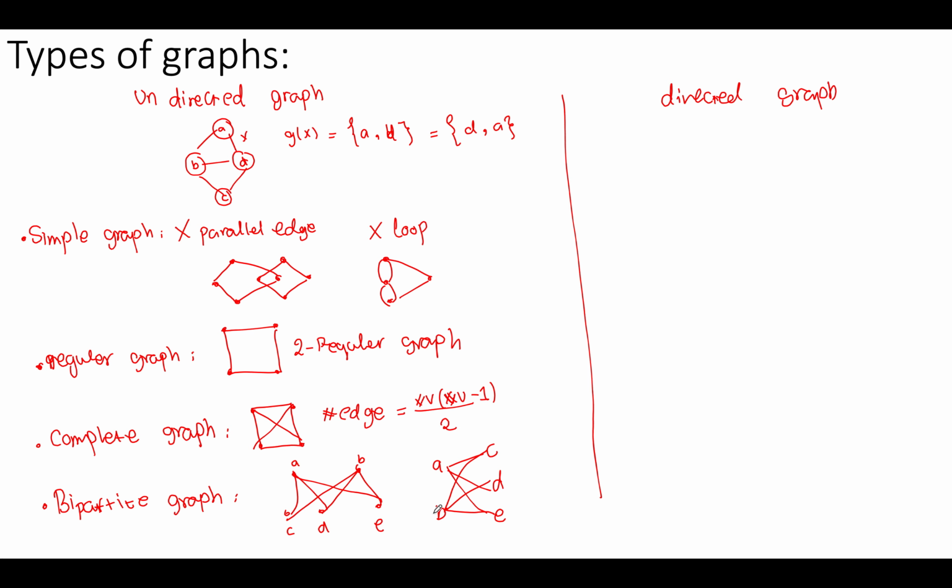A and B, there's no connection. C, D, and E, there's no connection. The only connection is between those two groups.